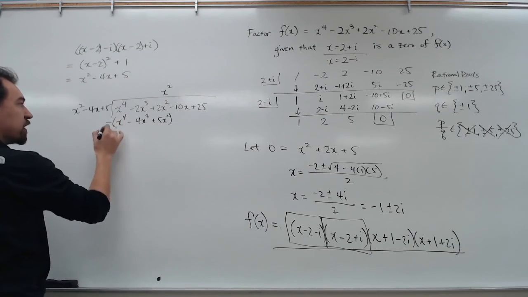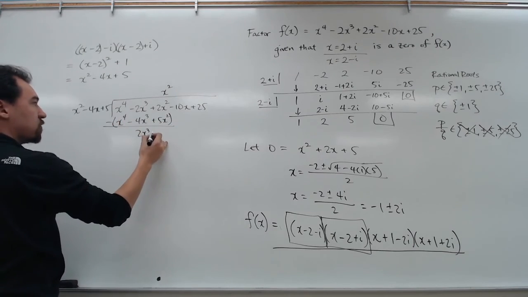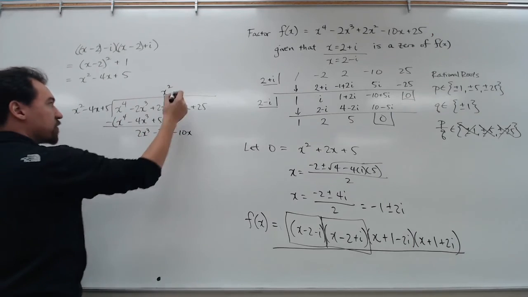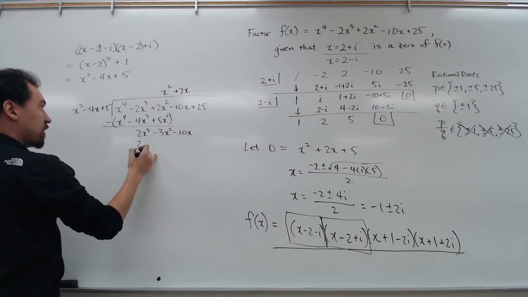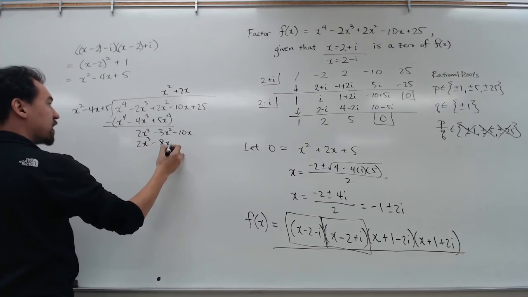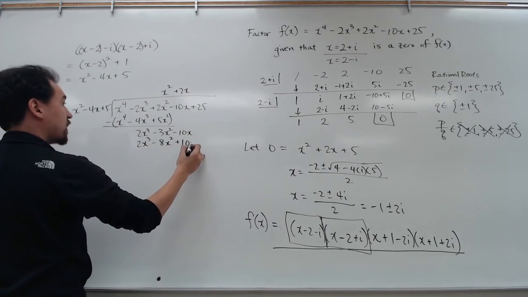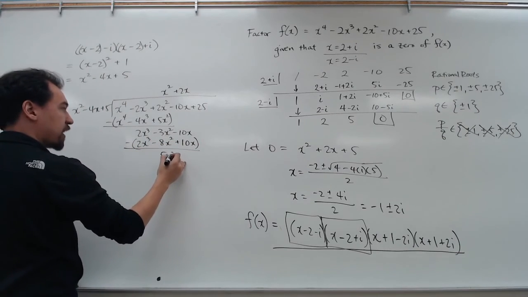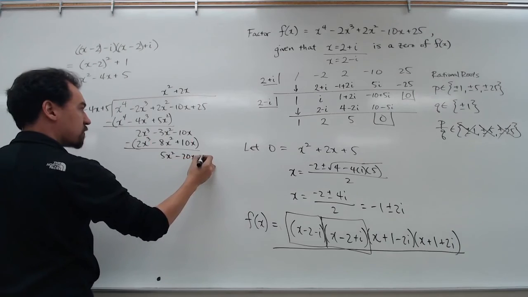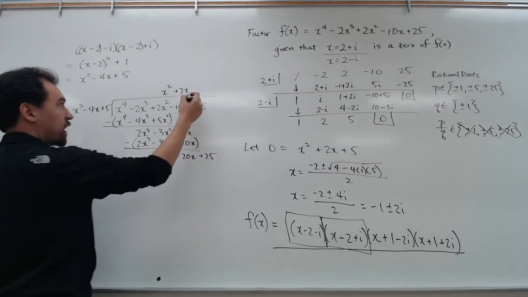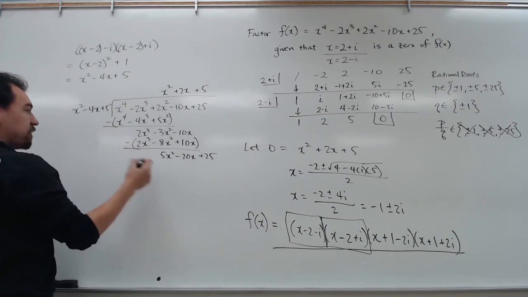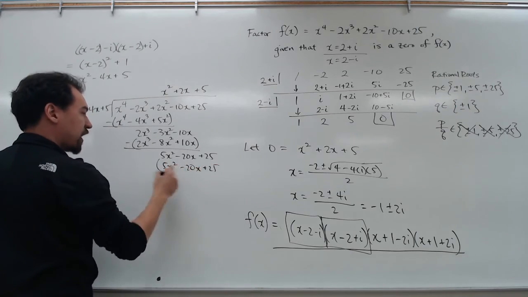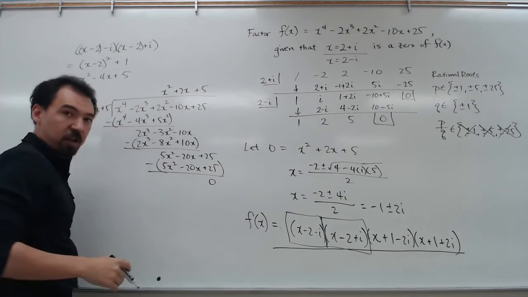And I subtract everything. So this becomes 2x cubed minus 3x squared. Bring down the minus 10x. Then x squared goes into here, 2x times: 2x cubed minus 8x squared plus 10x. Subtract everything gets me positive 5x squared minus 20x plus 25, and this goes into there 5 times. 5 times that is 5x squared minus 20x plus 25, and I get exactly no remainder, which is what should happen.